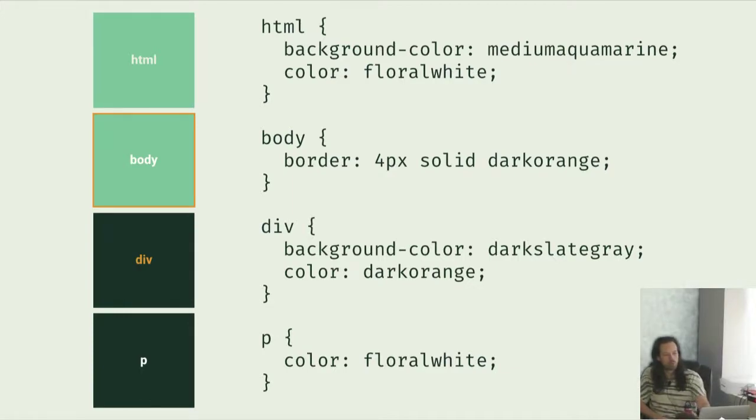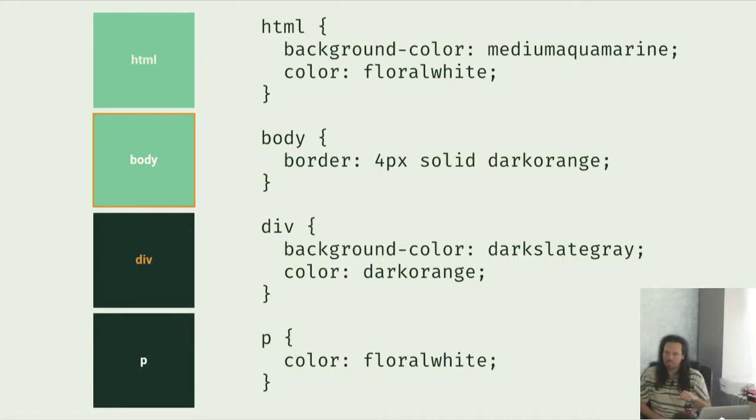Well, if we notice, we apply to the body just a border, and the body still has the same background. The body still has the same color, and that's because these styles have cascaded from the HTML, its parent element, right? And then we keep going down and we apply styles to a div within the body, and we'll notice that the border actually isn't applied.